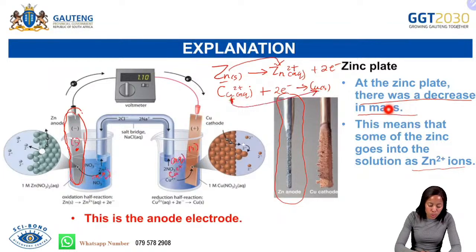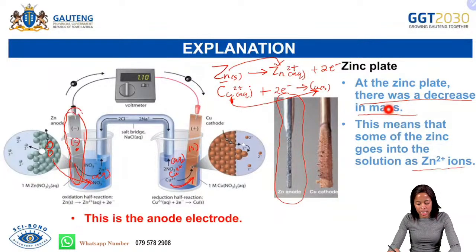So as we move from the electrode to the electrolyte, there is a decrease in mass. On the copper side, as we move from the electrolyte to the electrode, there is an increase in mass. Anode, electrode to the electrolyte. Cathode, electrolyte to the electrode, increase in mass.